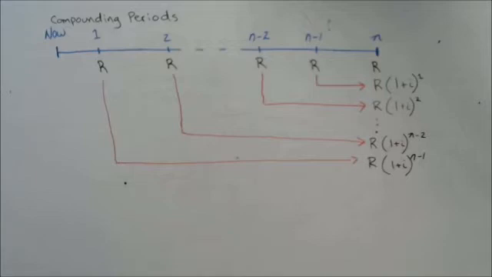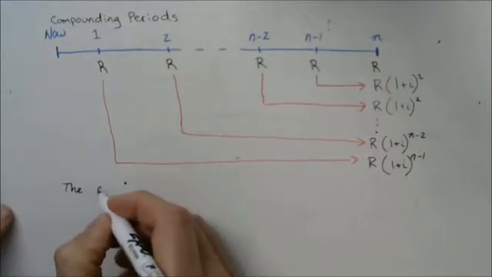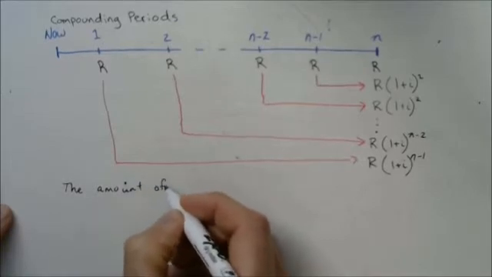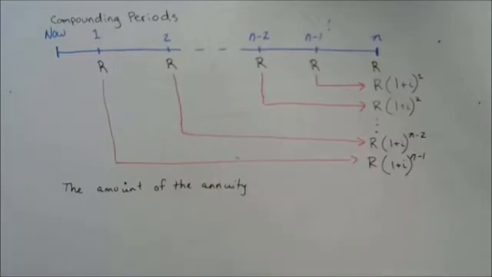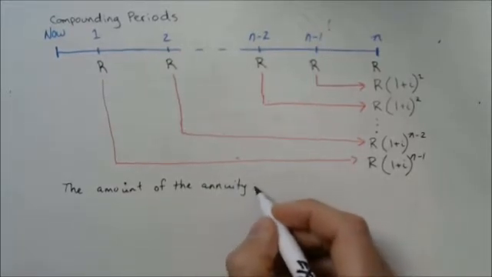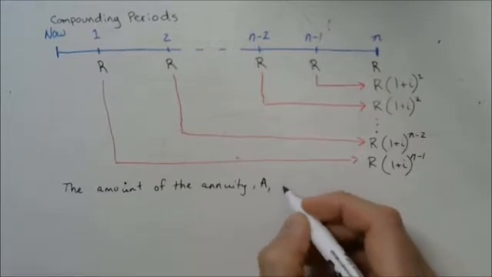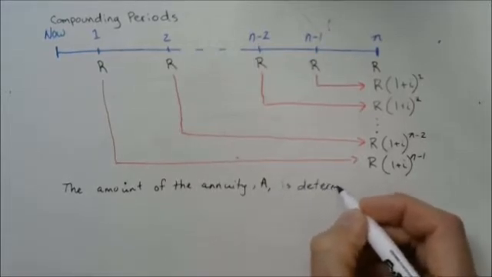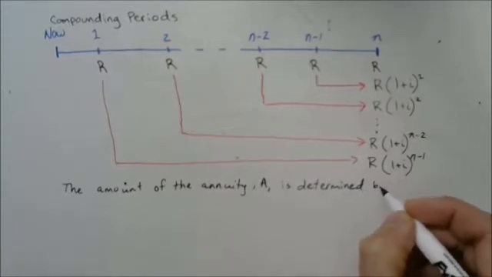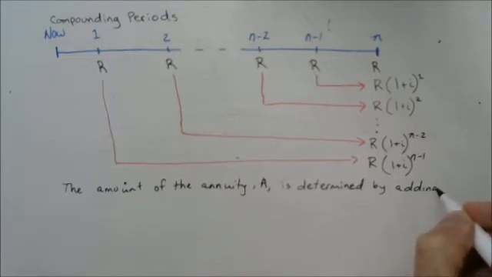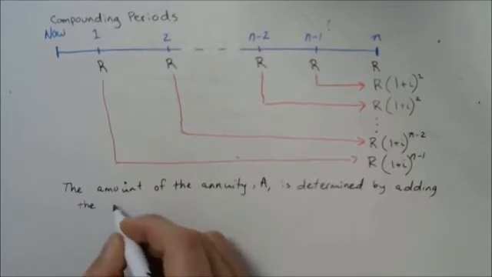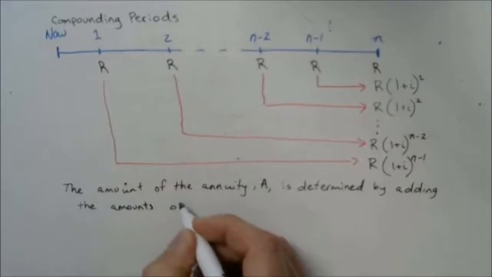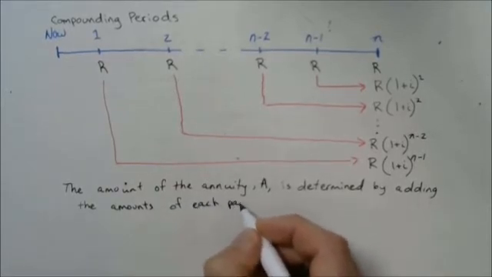And now you can see that the amount of the annuity, so that's the amount of money in this thing at the very end of it after all of the interest has been calculated, the amount of the annuity, that's indicated by A, is determined by adding the amounts of each payment.